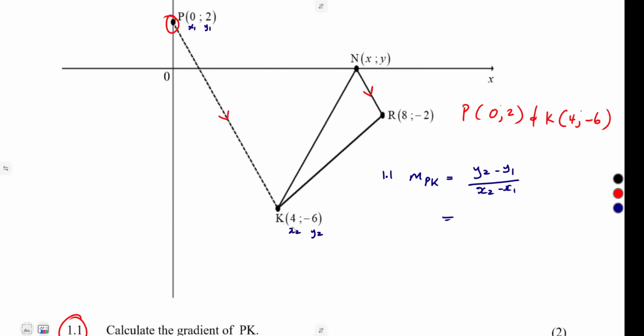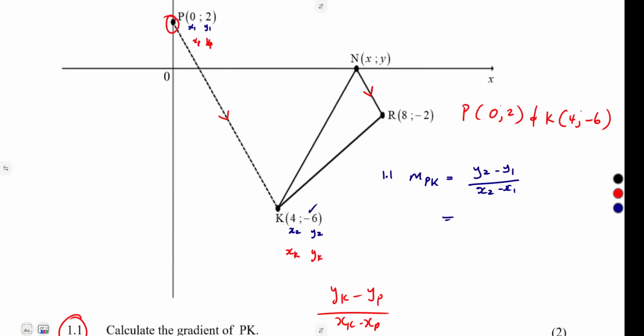Or, we can say the x value at point K and the y value at point K, the x value at point P and the y value at point P, so you will be using this as yK minus yP over xK minus xP. Still, it's one and the same. So substitute that.